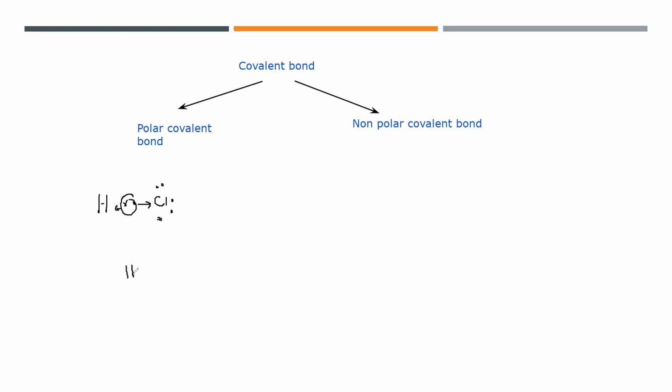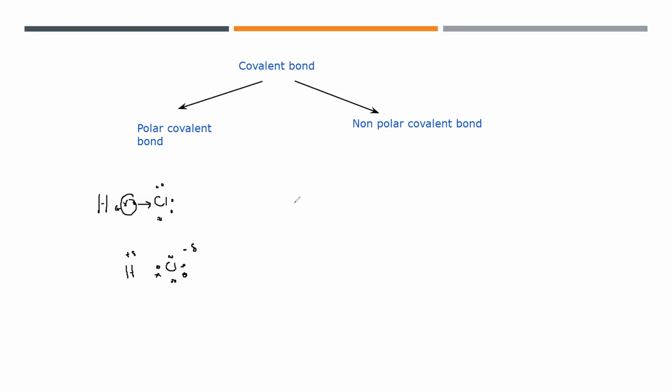This causes an unequal distribution, or shifting of the bond pair, towards one of the atoms. Still the bond is there between the two atoms, so we write a partial negative on the more electronegative atom and a partial positive on the less electronegative atom. We call this kind of covalent bond a polar covalent bond.